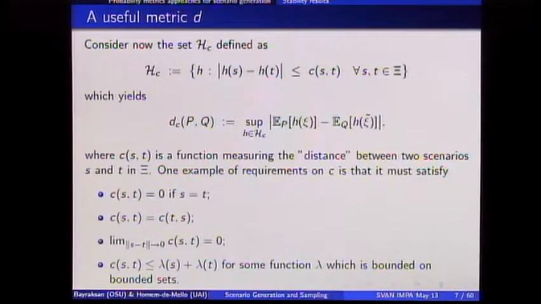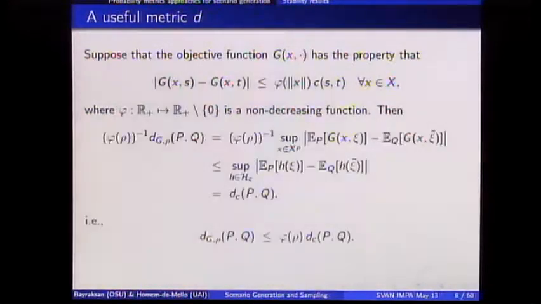For simplicity, think of the C function being just the norm of S minus T, just to make it simpler. So this is the class HC, all functions that are Lipschitz, for practical purposes. So how come I can choose the supremum over X for a supremum over H of the Lipschitz functions?